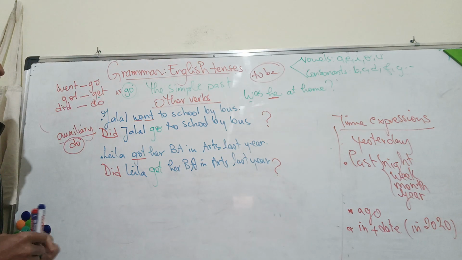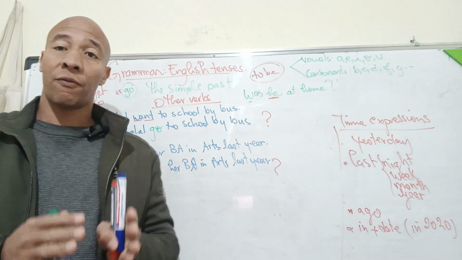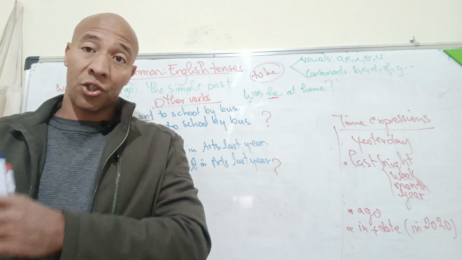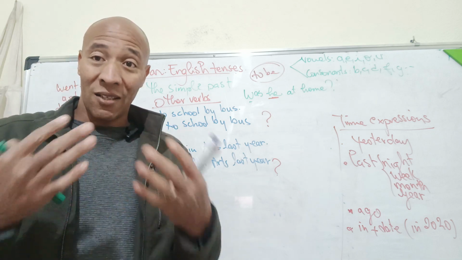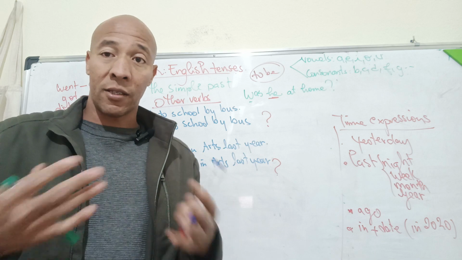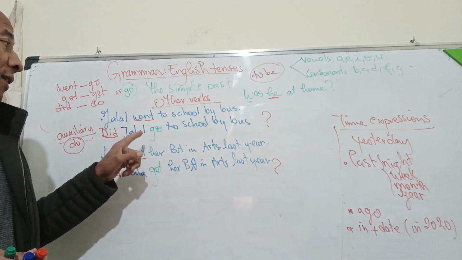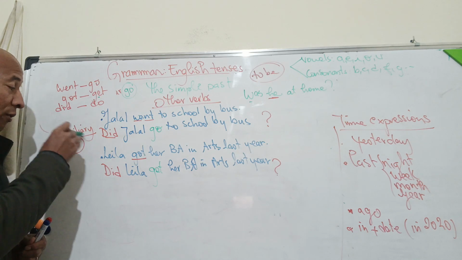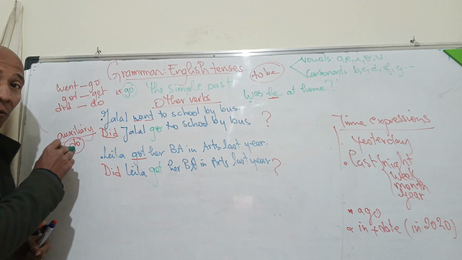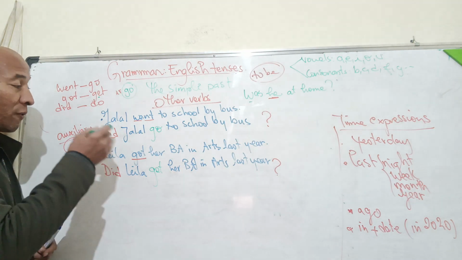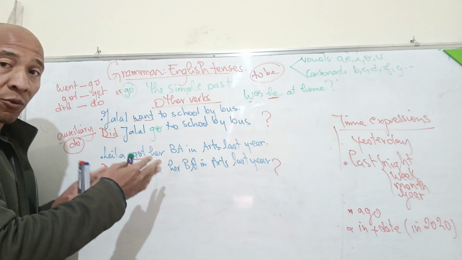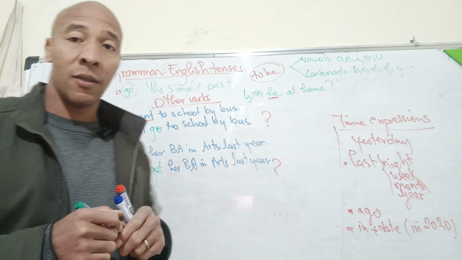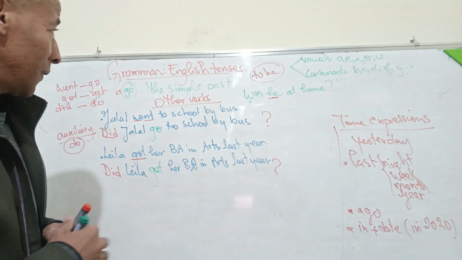As you see now, when transforming sentences from positive statement to question in the simple past using other verbs like go, play, stay, etc., then you need to use an auxiliary. Okay, auxiliary we use is do, but we have to put it in the simple past before you use it with your question. So we can say, did Jalal go to school by bus? Right? Nice.